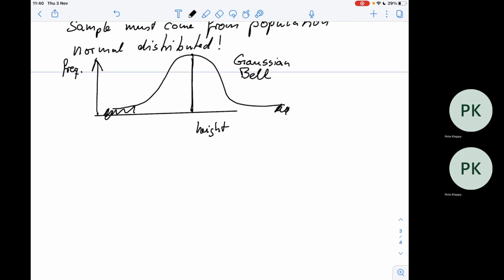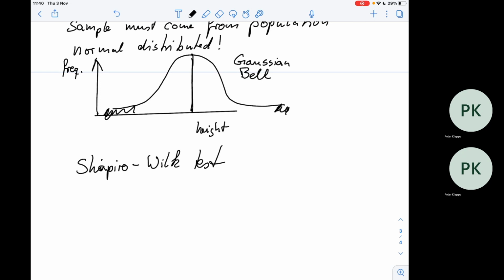But if you want, you can actually do a statistical test, which is called a Shapiro-Wilk test. And that will tell you actually whether your population is normal distributed. I think I've got a video on how to perform that. Again, it's an online calculator. You don't have to do the calculations by hand or yourself. And the Shapiro-Wilk test will tell you, yes, my data are normal distributed.